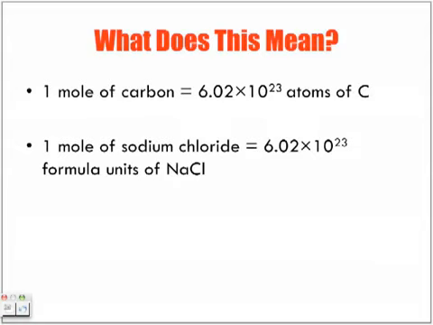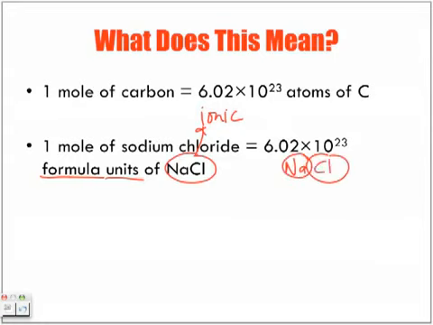And here's those formula units that we're talking about. When we're looking at something that is ionic, ionic meaning metal, non-metal, we never really have 1 molecule of NaCl.